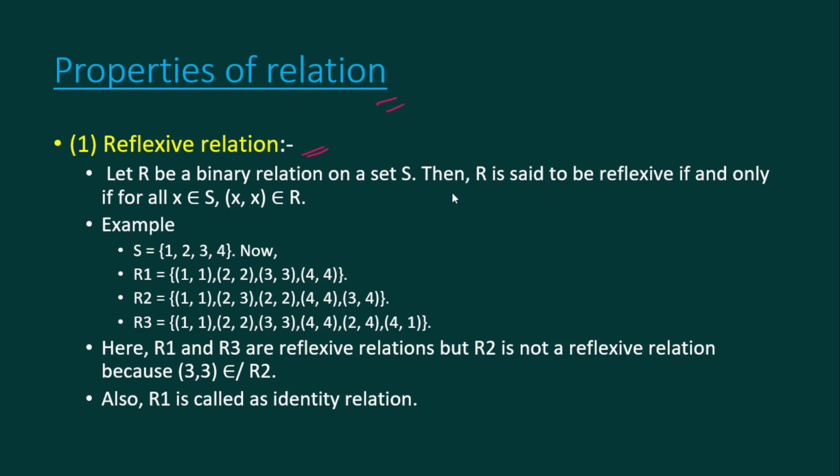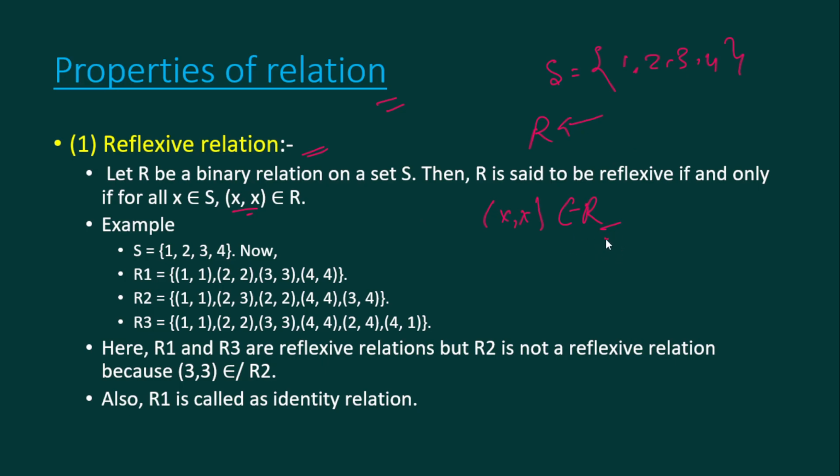Let R be a binary relation on set S, where S is {1, 2, 3, 4}. Then R is said to be reflexive if and only if for all x belonging to S, where all x means the elements, the pair (x, x) belongs to R. So a reflexive relation is nothing but (x, x), that is, the relation of an element with itself.